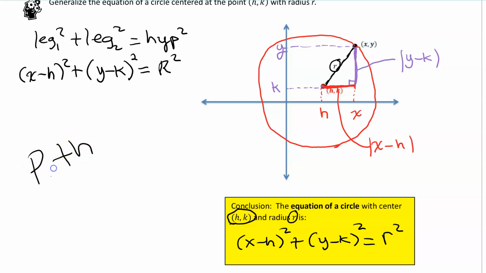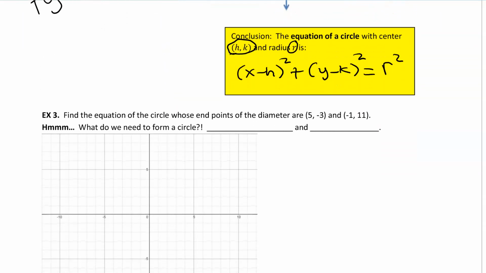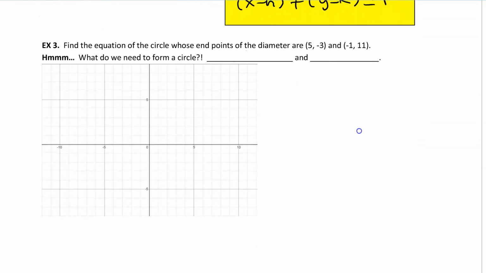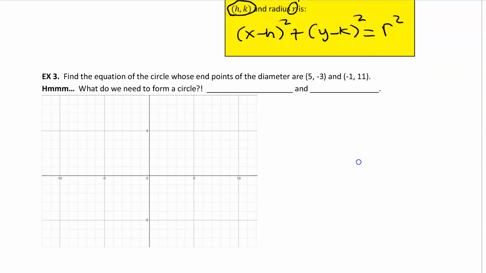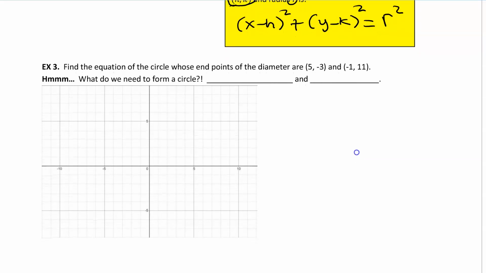Pythagoras will tell you why it works. He said a squared plus b squared equals c squared, right? That's where that comes from. All right, now let's do some examples. Remember that x minus h squared plus y minus k squared equals radius squared.